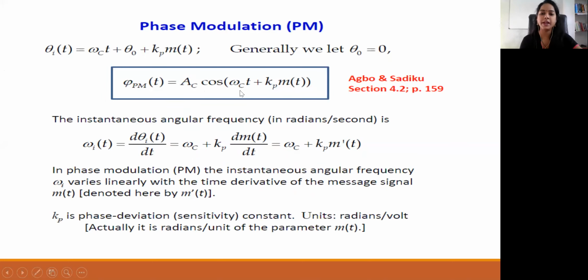Here we will derive one equation, and the final equation looks like this. The phase modulated wave will have constant amplitude and constant frequency, and which thing is changing? The phase is changing with incoming time.